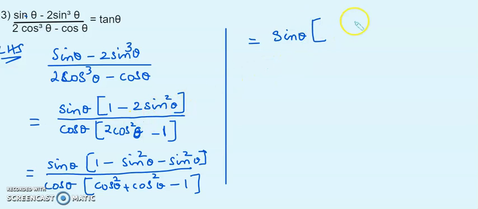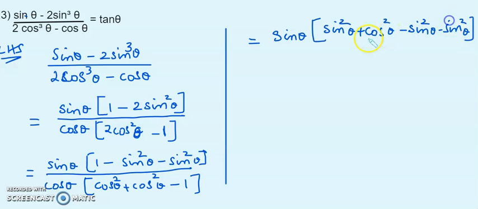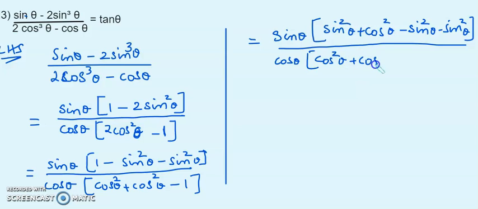I have a 1, so it's sine square theta plus cos square theta minus sine square theta minus sine square theta, right? Then my denominator, cos theta. I have cos square theta plus cos square theta minus 1. So sine square theta plus cos square theta both will have a minus sign. So minus sine square minus cos square, right?